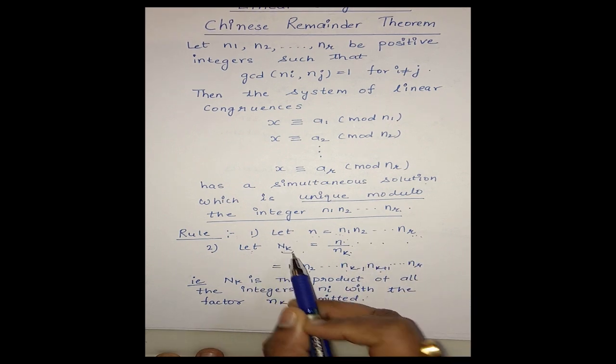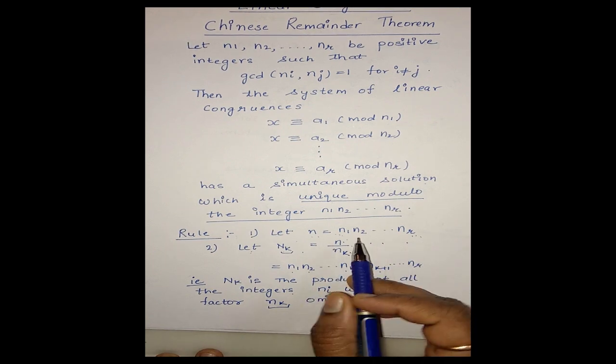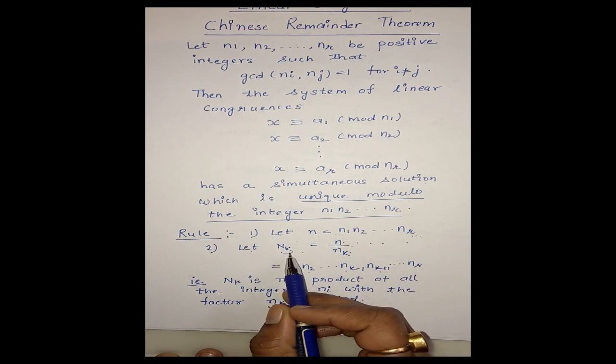So capital Nk is the product of all the integers ni where nk is omitted, that is, all the ni's except nk.